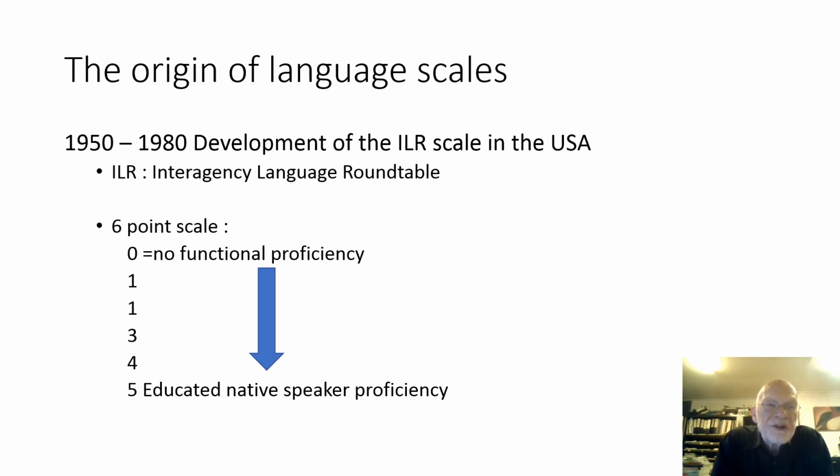They developed a 6-point scale going from 0, which was no functional proficiency, so they might know a few words, but it wasn't functional, going up to level 5, which was the level of educated native speaker proficiency.